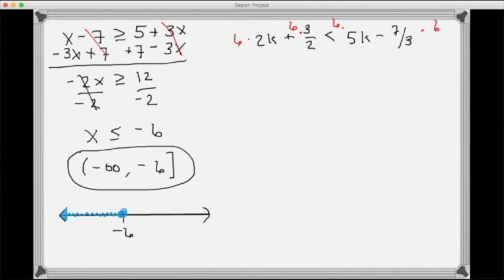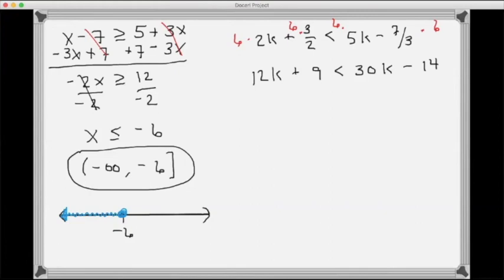That's going to give us 12k. 6 times 3 is 18 divided by 2 gives us 9 is less than 30k. 7 times 6 is 42 divided by 3 is 14. So it's going to be minus 14. We have 12k plus 9 is less than 30k minus 14.